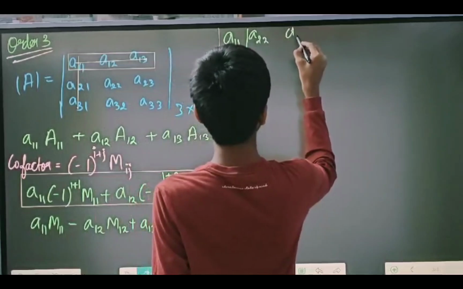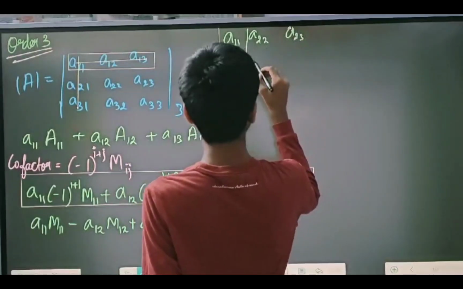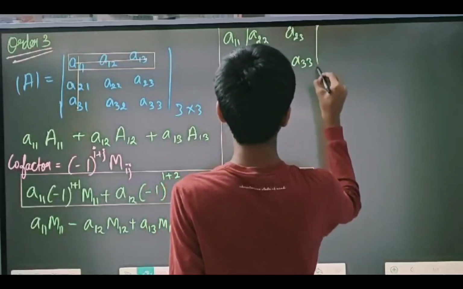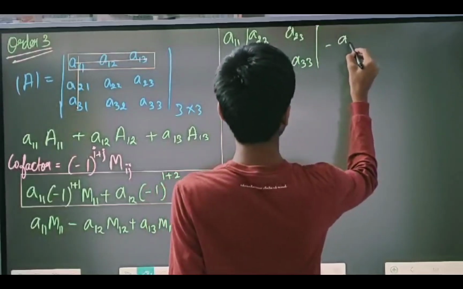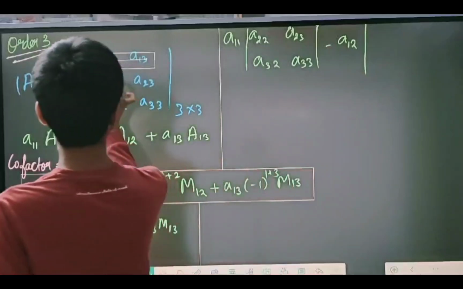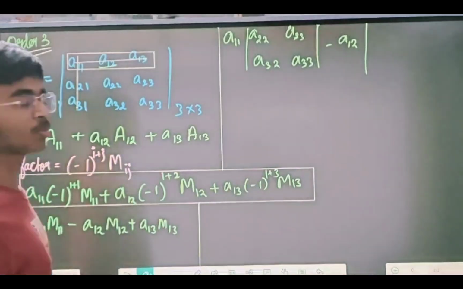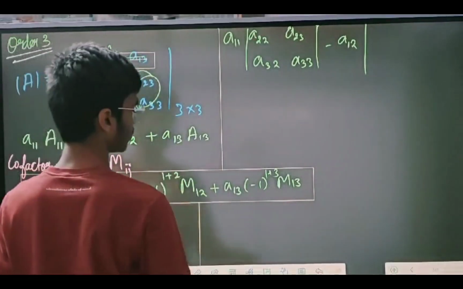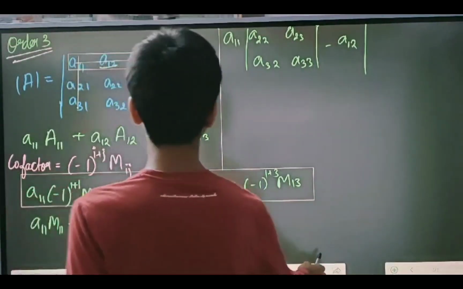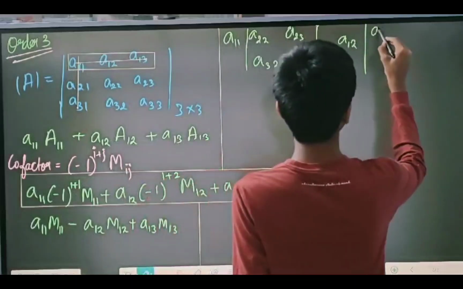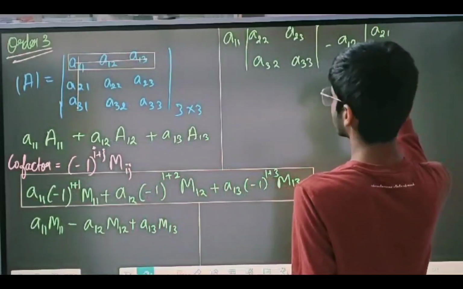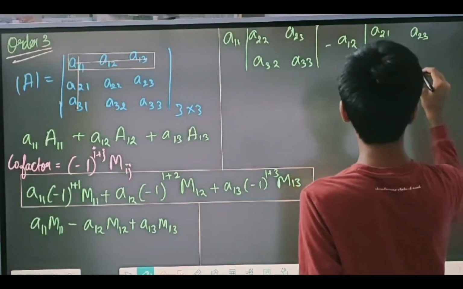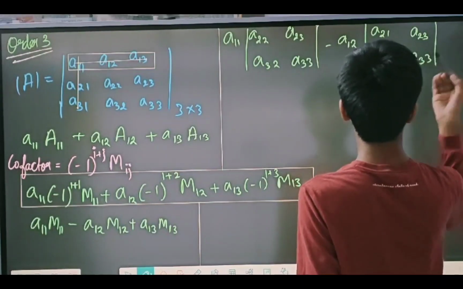So a22, a23, a32, a33. Minus a12. For this element, what is its minor going to be? Delete its row and column, so the remaining elements will be its minor: a21, a23, a31, a33.